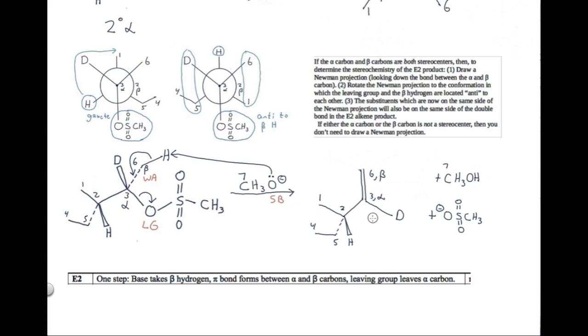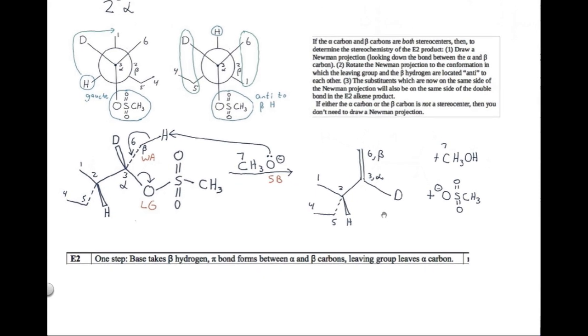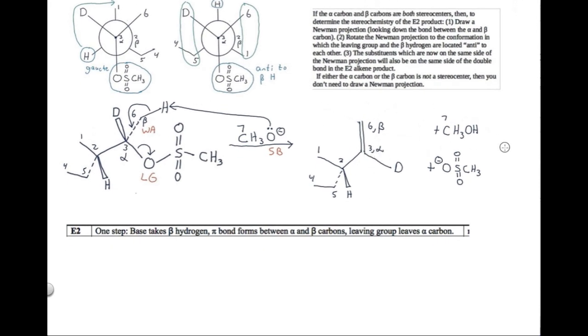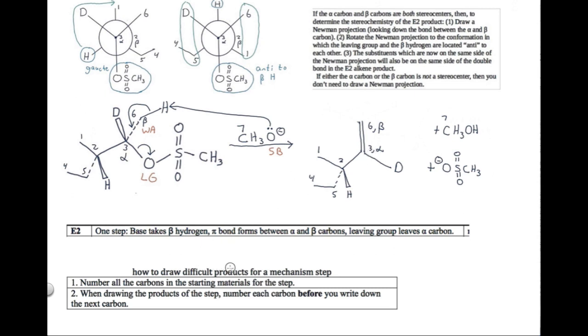This is a fairly complicated product. When you're drawing a difficult product, it's especially important to make sure that all the carbons are numbered. And I suggest drawing the product one atom at a time. Remember that we started here by drawing the core of the alkene between carbon 6 and carbon 3.